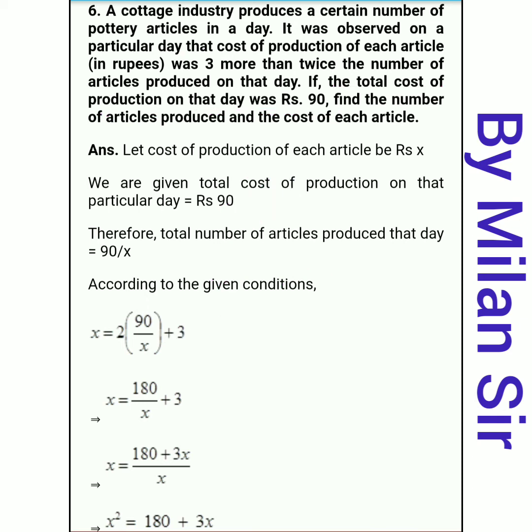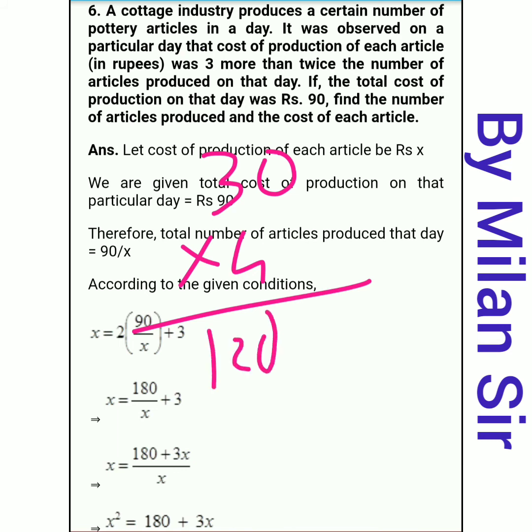If I have 30 articles, each costing rupees 4, then the total cost is 30 multiplied by 4, 120. That means for the total cost we need to multiply the number of articles by the cost of each article. These things we need to use here.